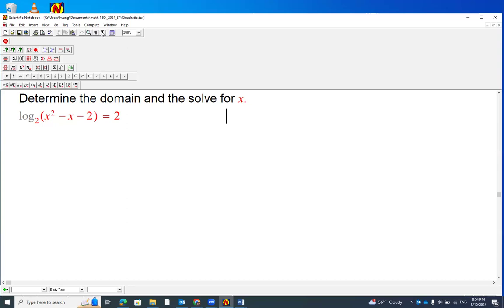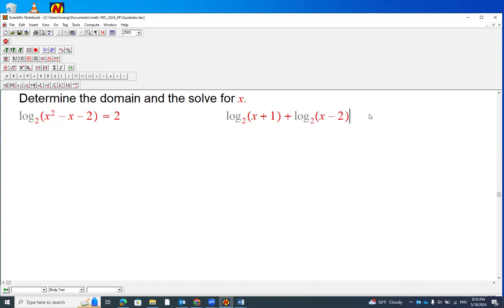Suppose I have a question to ask you to do, say, log base 2 multiply x plus 1 times x minus 2. Suppose I have these two questions.